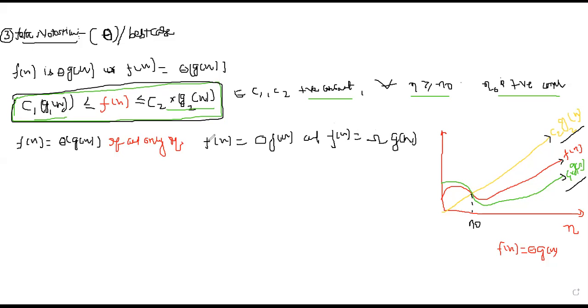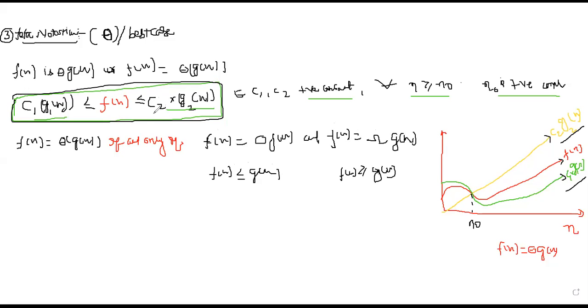Only when this condition is true is it possible. Because when it is true, f of n is less than or equal to g of n, and in the other case f of n is greater than or equal to g of n. Yes or no?